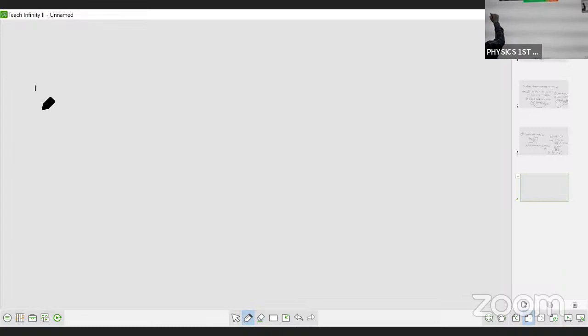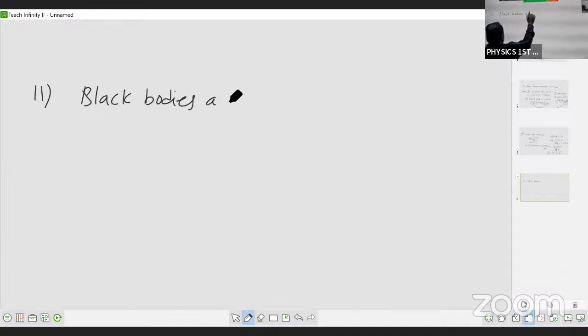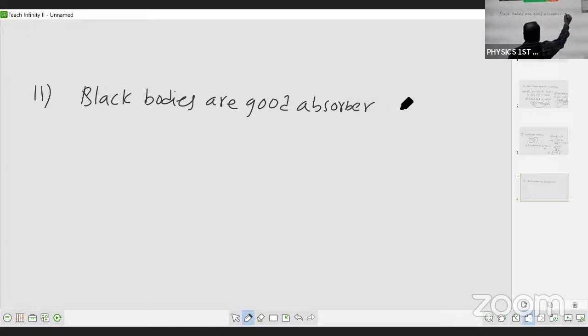Question number 11. Black bodies are good absorbers of heat. Yesterday we discussed that a body which is a good absorber is a good emitter. A body which is a poor absorber is a poor emitter.